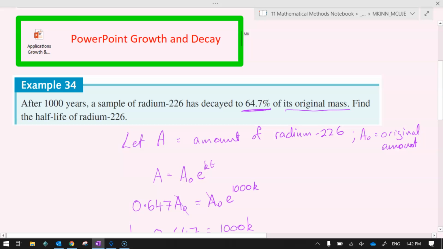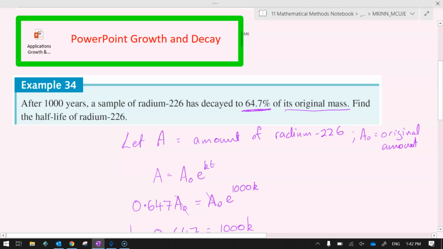I know it's going to be less than 2,000 years. How do I know it's going to be less than 2,000 years? Well, that's what you're thinking. How would I know it's less than 2,000 years for the half-life? What percentage am I left with after 1,000 years? 64.7.